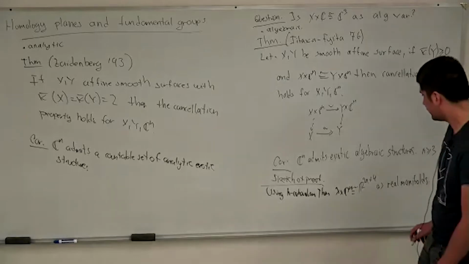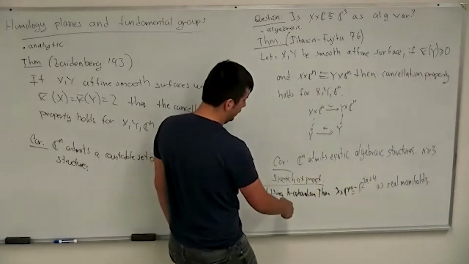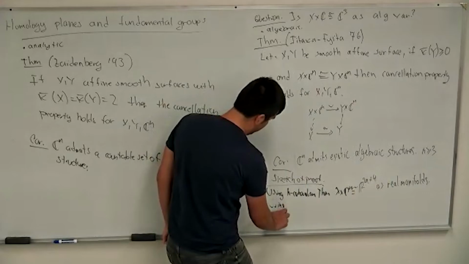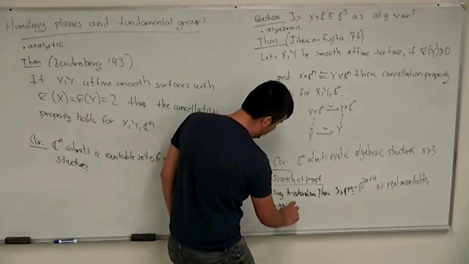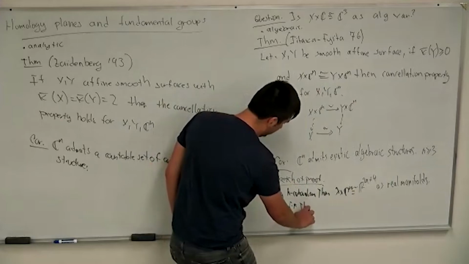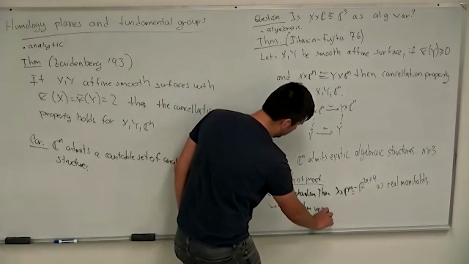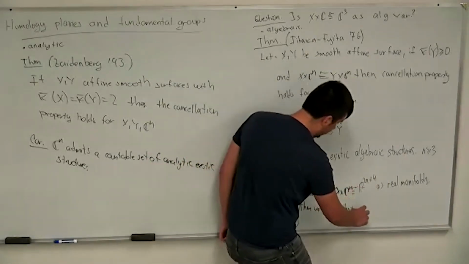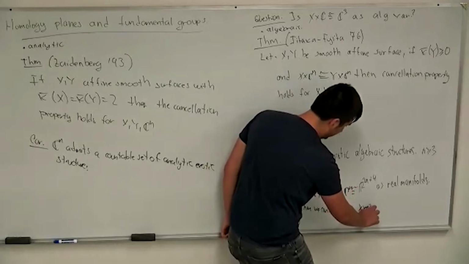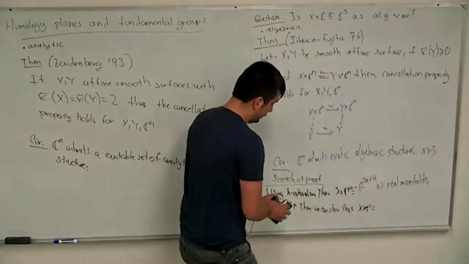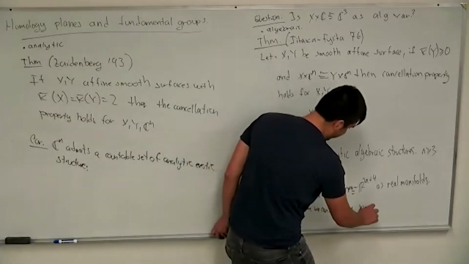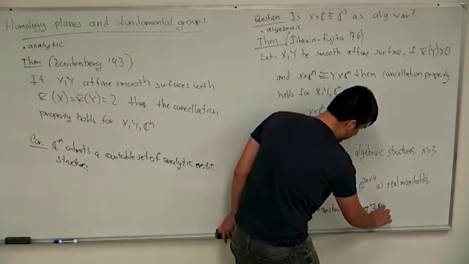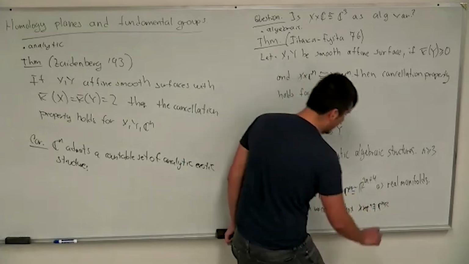And then, using Iitaka cancellation, we can show that this product is not isomorphic to Cn plus 2 as algebraic varieties.